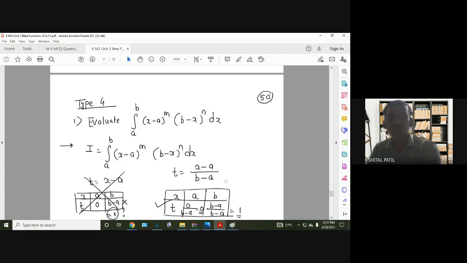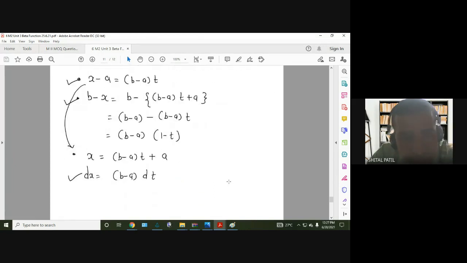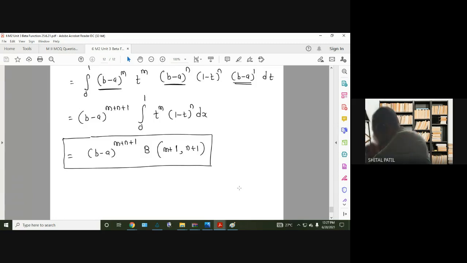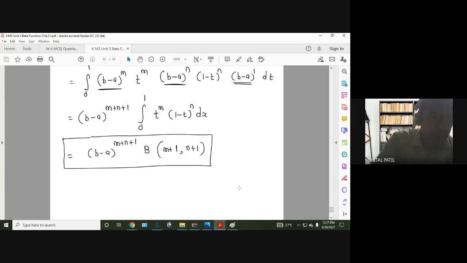So t equal to x minus a divided by b minus a, and then we solve the example. Last time we solved the example and the answer was like this. Let me continue with this example. We have to solve 1 or 2 examples only, and then we'll start with the next subtopic in unit number 3. Yes, Radha, next example.